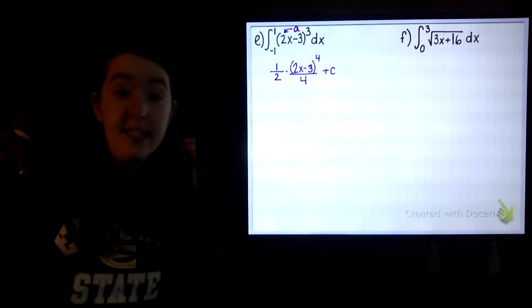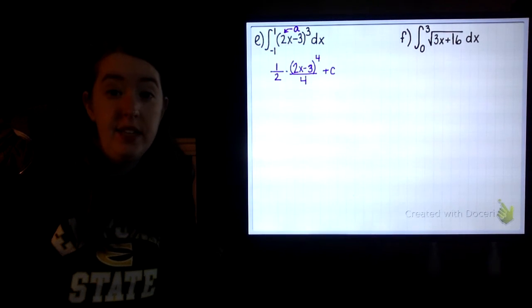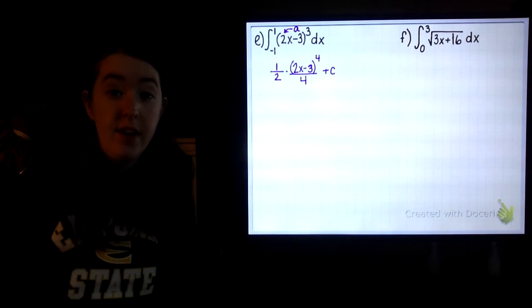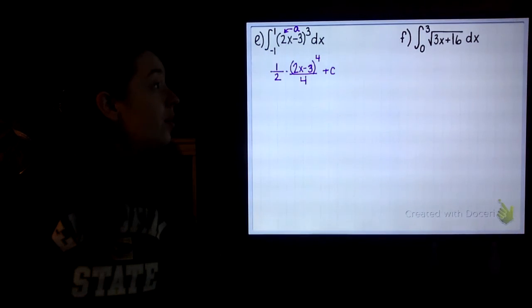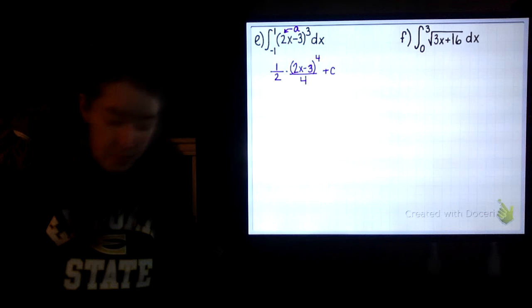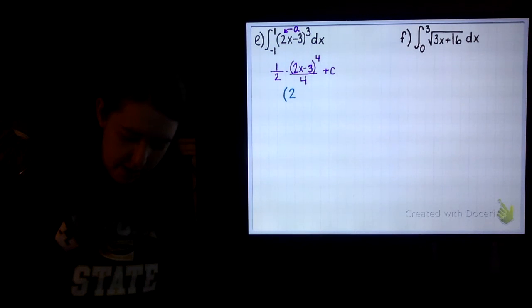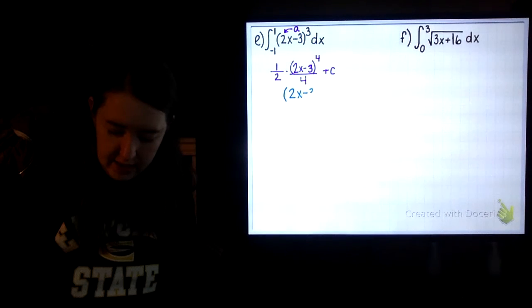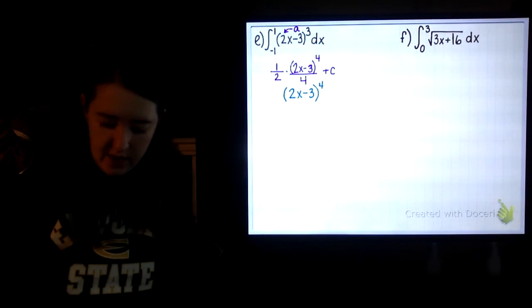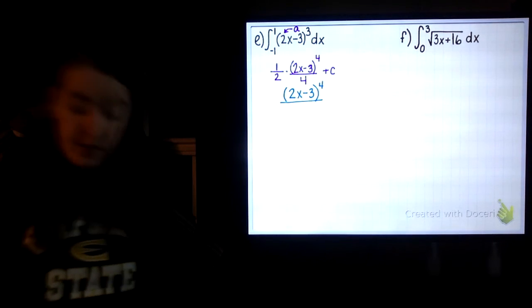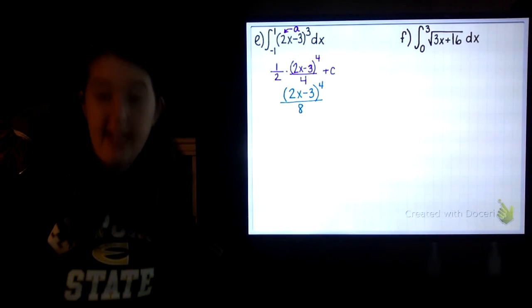I'm going to go ahead and clean this up a little bit so it might be a little bit easier to evaluate here in a minute. So if I multiply my numerators together, I end up with just 2x minus 3, and that'll be to the 4th power. And then multiply my denominators together. So that will be over 8.